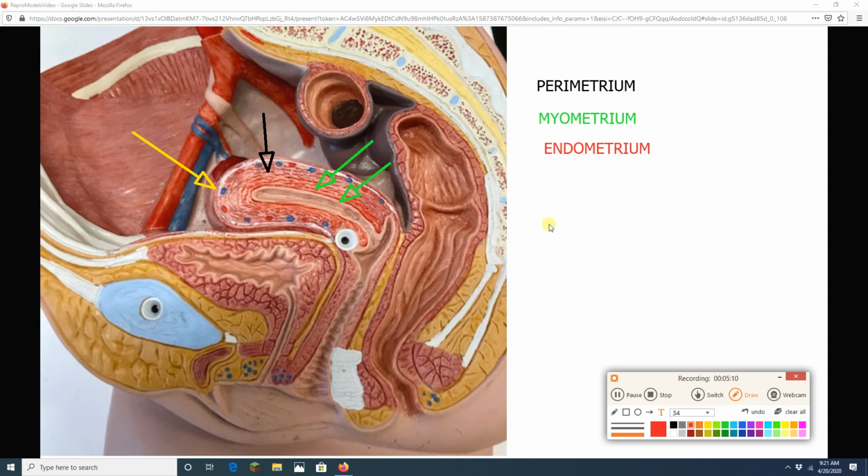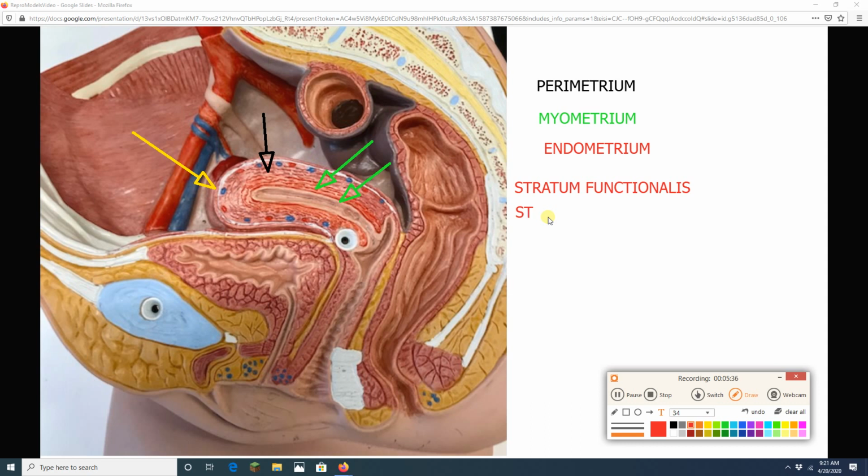And my endometrium has two distinct parts. It has a part called the stratum functionalis, which lines the uterine cavity. That's the part that changes in response to hormones like estrogen and progesterone. It's the part that the developing embryo will burrow into in implantation.